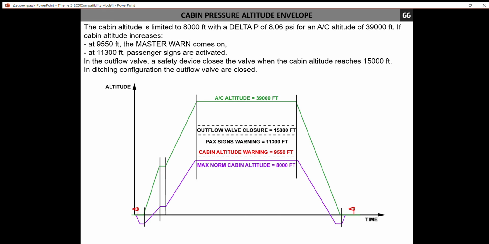It will announce that you need to check the operation of the system. And if you cannot keep a normal pressure at 15,000 feet, the outflow valve will totally close, trying to keep the remaining air for pressurization.